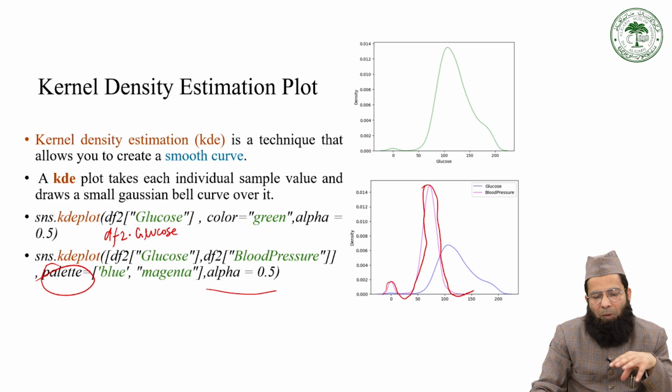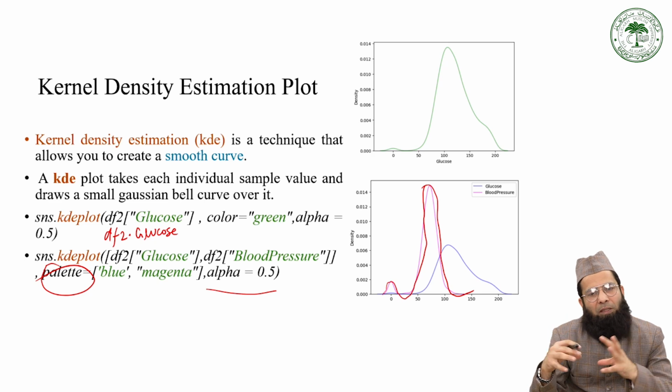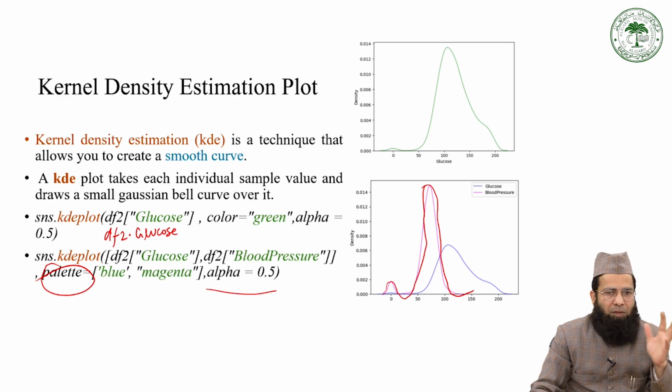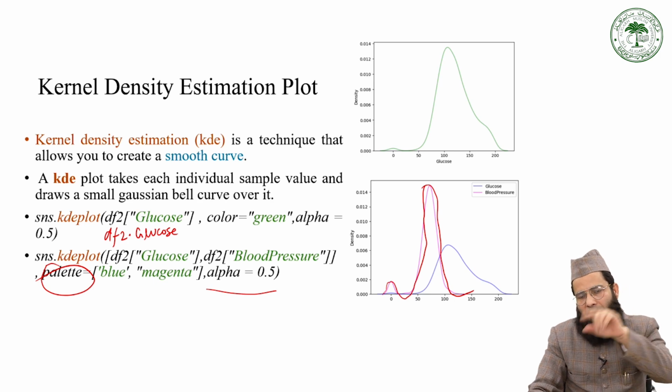And you can merge both KDE and histogram into a single plot using the histogram plot, where we can set KDE as true, that we have seen. If KDE is equal to true, both plots, kernel density and histogram, would be plotted into a single chart or plot.